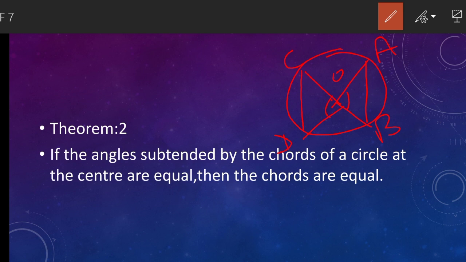Whenever angle AOB is equal to angle COD, then we can say that chord AB is equal to chord CD. So, by this theorem, we can say if the angles at the center are equal, then the corresponding chords to those angles are also equal.